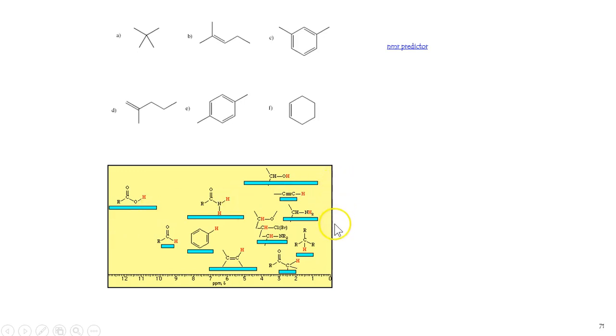What did we miss here? Alkanes might show up in the 3 or 4 region, and the hydrogens next to a carbonyl typically show up at about 2 parts per million. So memorize those and you get a good idea of what functional groups might be present.